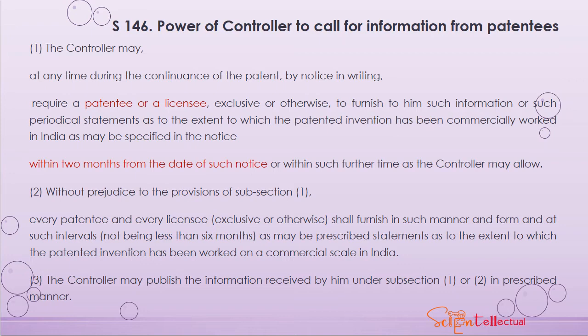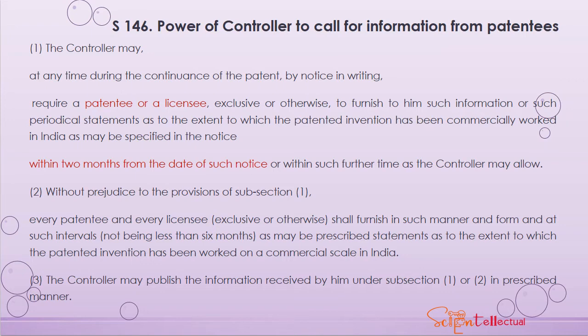Within 2 months from the date of such notice, the person, that is the patentee or licensee, needs to furnish the information regarding how much or to what extent his patented invention has been commercially worked in India. Subsection 2.